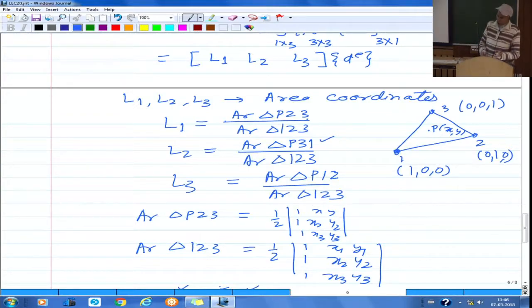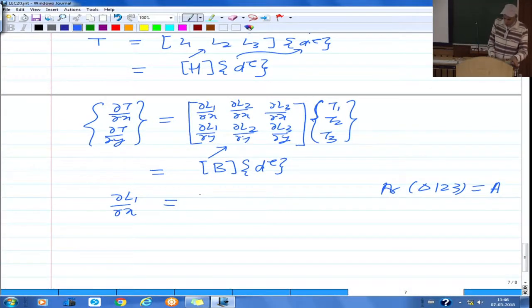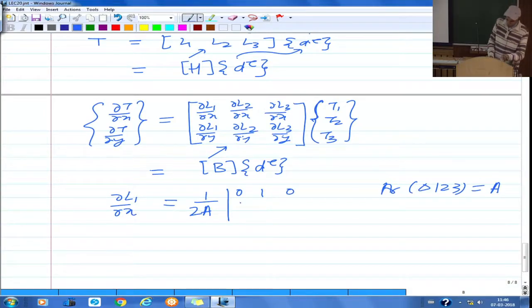In case of a determinant, it is the derivative of any one row or column. In this case the variables are in the first row here, so you differentiate that partially with respect to x. You will get del L1 by del x as 1 upon 2A, and then the determinant with the derivative of the first row with respect to x: 0 because the first term is constant, the second term is x, its derivative would be 1, and the third is y, its partial derivative with respect to x again would be 0, and then rows 1 x2 y2, 1 x3 y3.